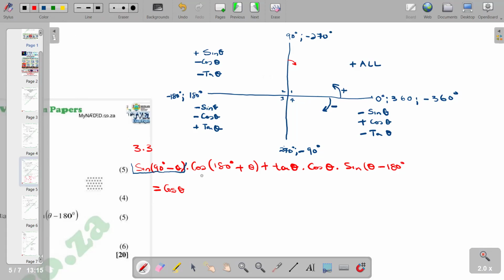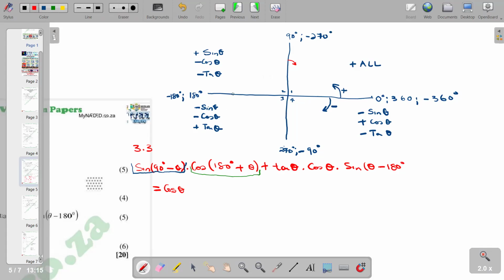Okay, let's go to the second ratio. The second ratio, let's mark it, is this one here. So ask the questions. Number one, where is 180 plus theta? There is our 180.